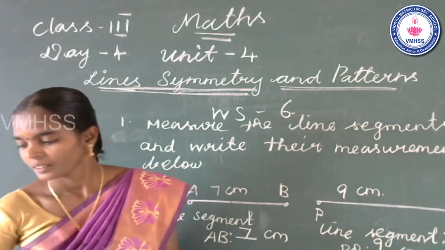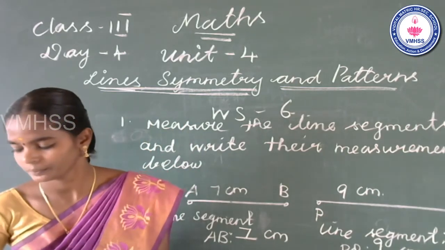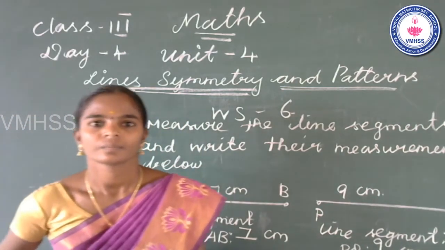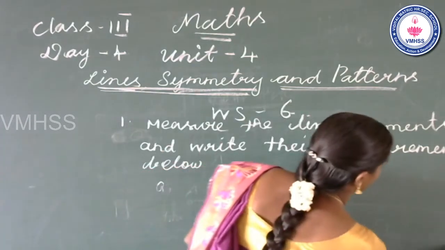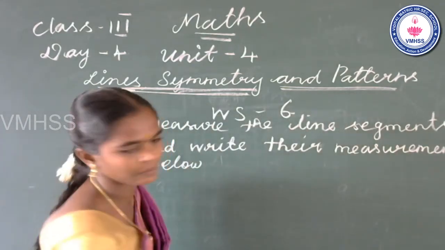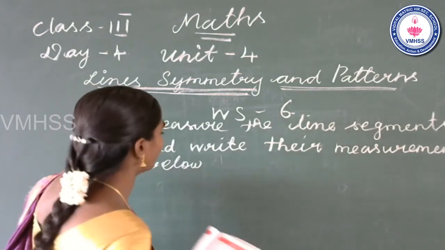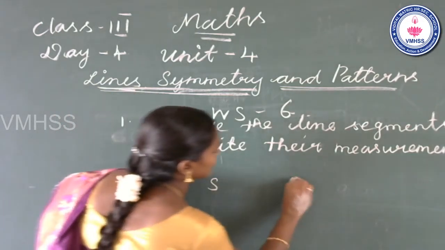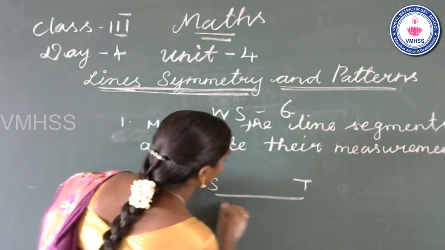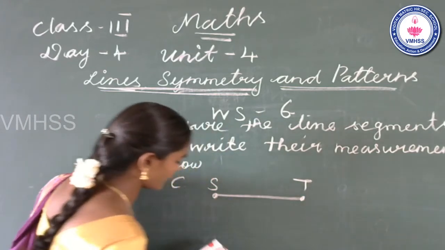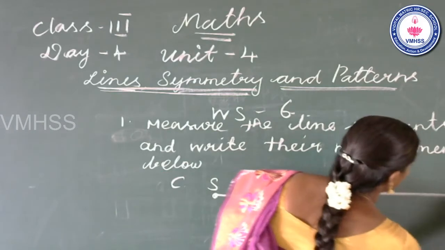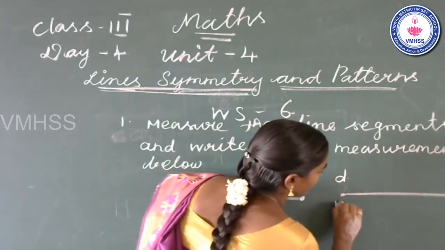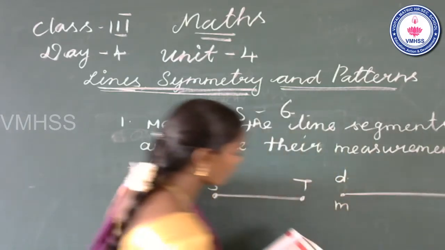Okay, children. Next C question, listen here. Children, write the answer carefully. Next C, listen now. So C, line segment ST. Next D, line segment MN.